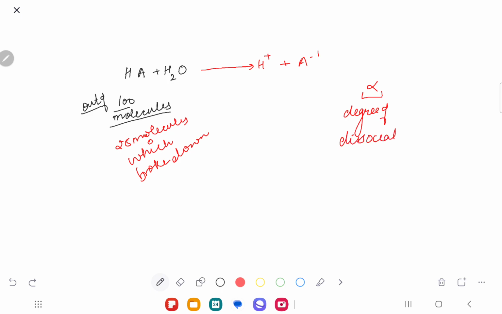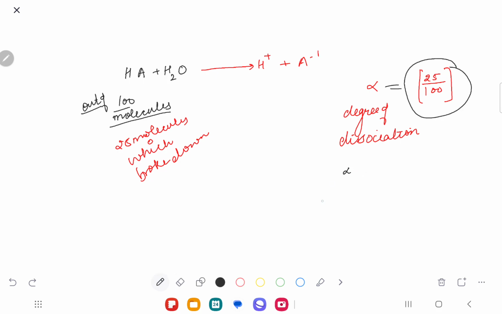The degree of dissociation would thereby mean 25 over 100. Yes or no? Isn't it? So that's the concept of degree of dissociation. I hope you're understanding.